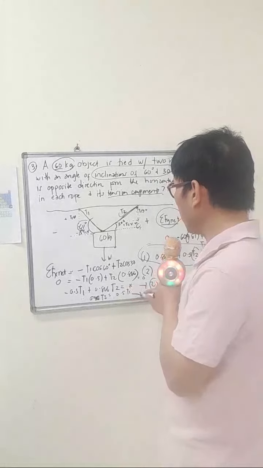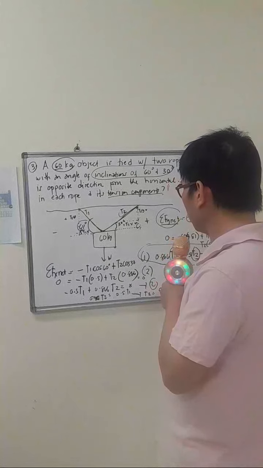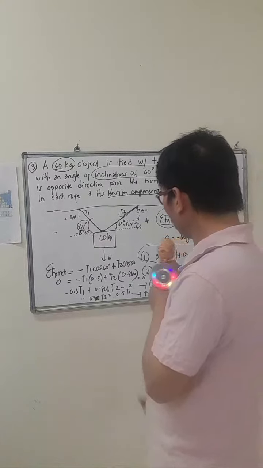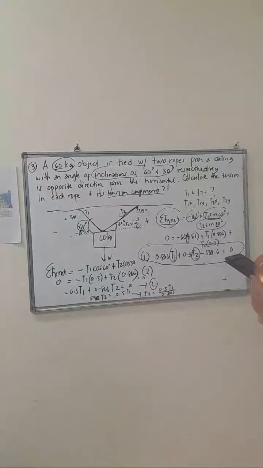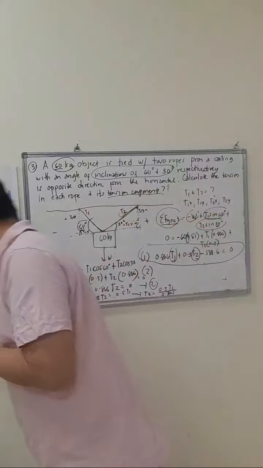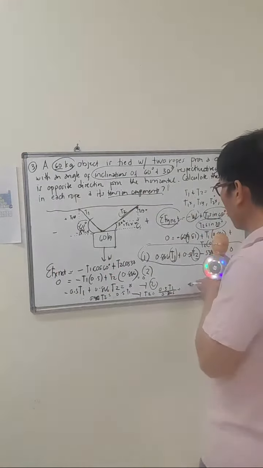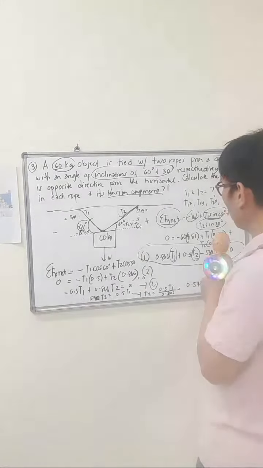So therefore T2 is equal to 0.5 T1 over 0.866. 0.5 divided by 0.866 is equal to 0.57736. So T2 is 0.57736 T1. This is your equation 2.